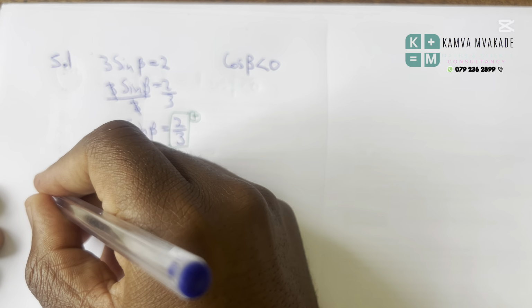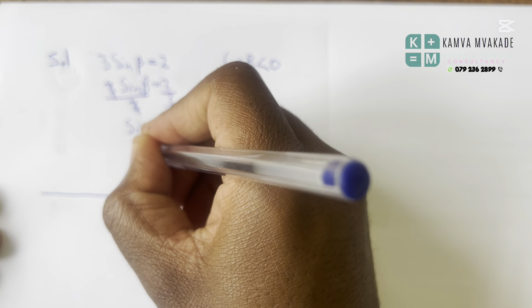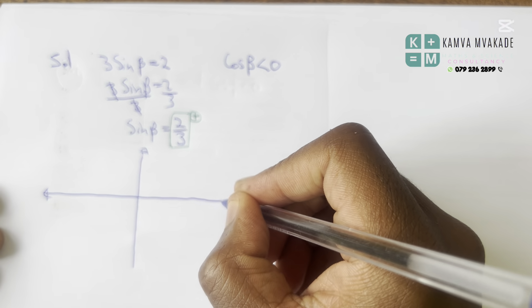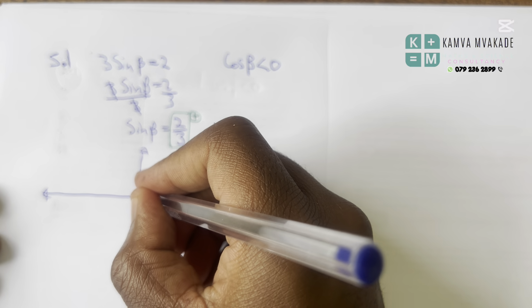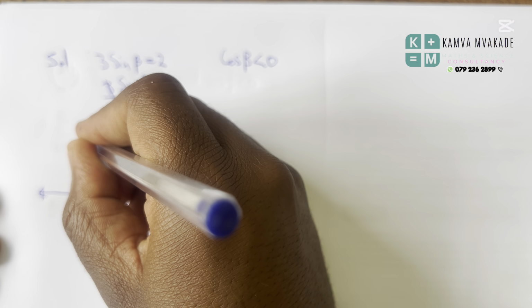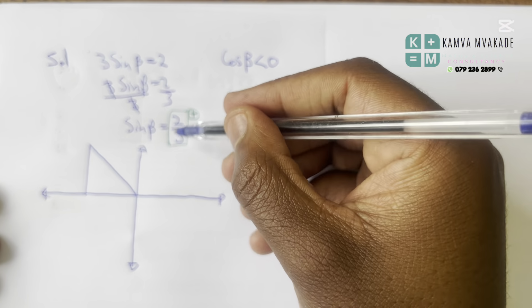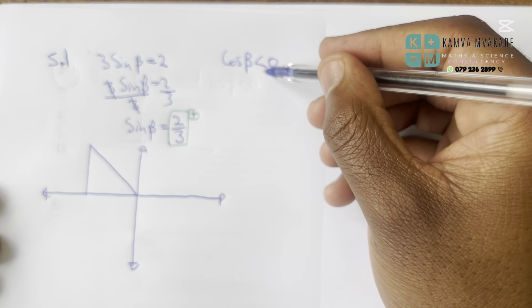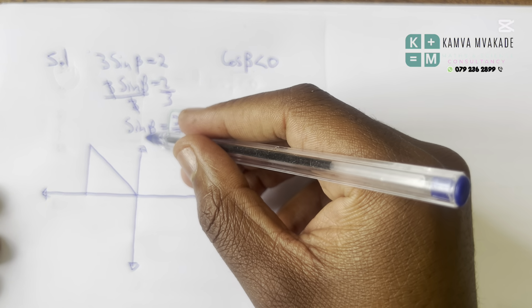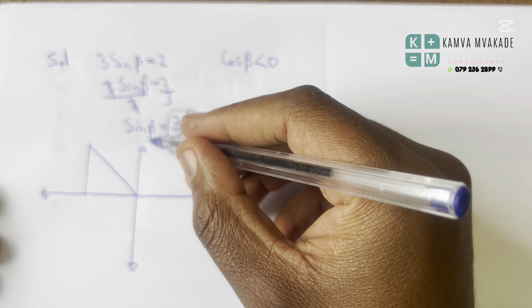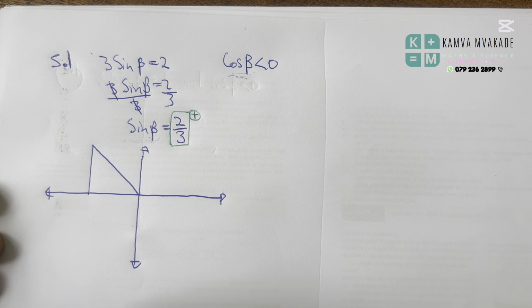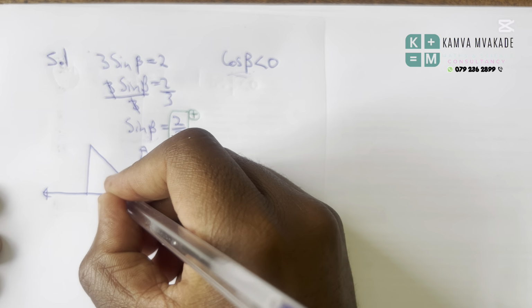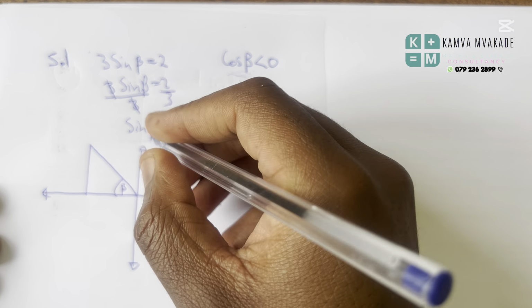So we are going to draw our right angled triangle in quadrant number 2, because in this quadrant sine beta is positive, but cos is negative. We have beta there as our angle.